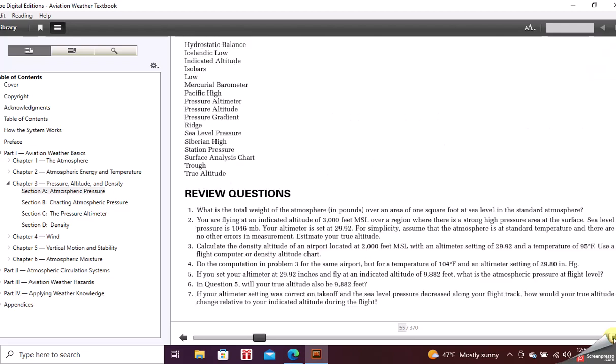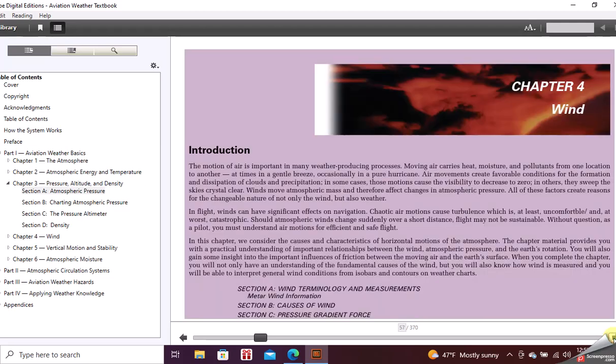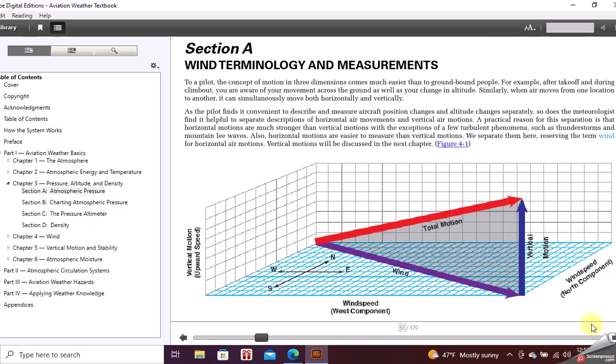So with that, let's move on from densities and temperatures. We're going to look at some winds. Pressure is the first thing you need to know to get wind. And wind means it can move in three directions. Air parcels don't just move in one plane, they move in all different directions.